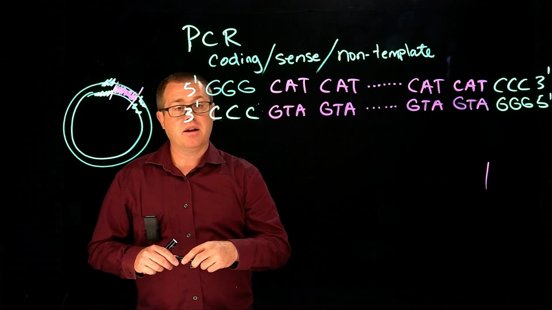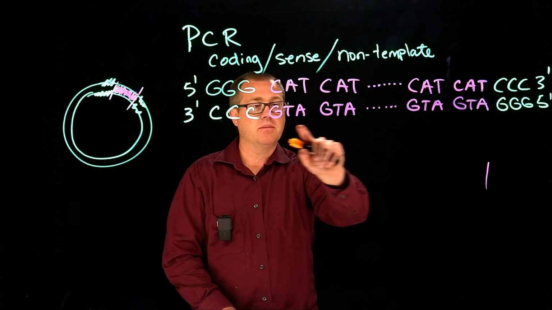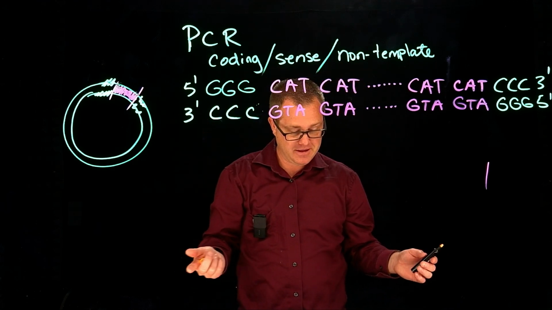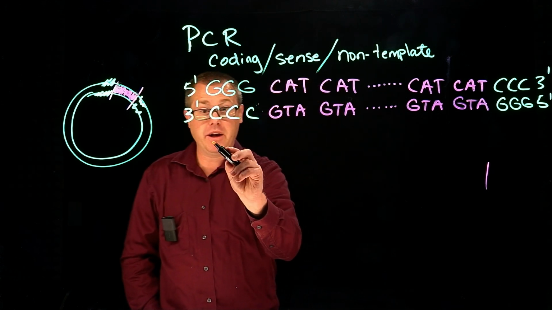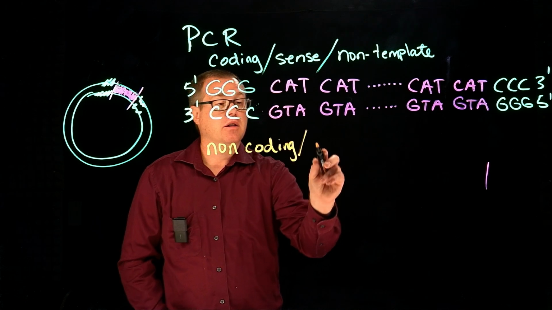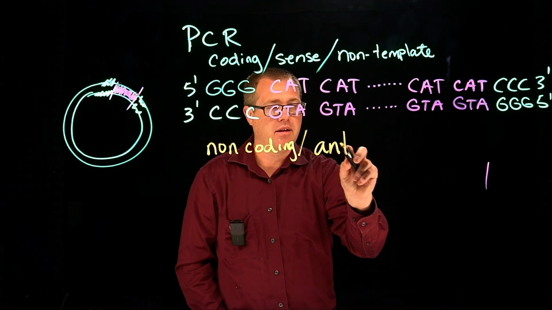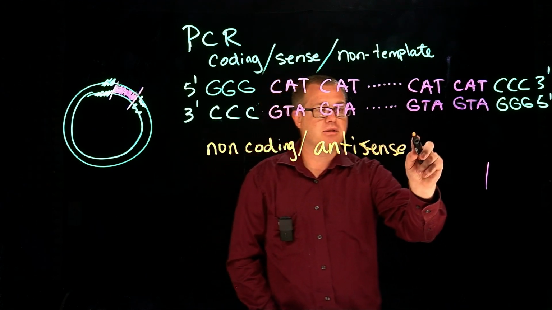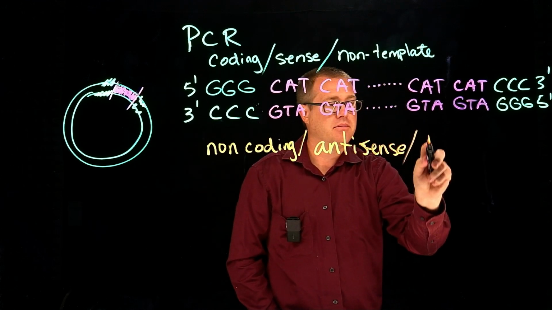And then here on the bottom, this bottom strand right here will be everything opposite of what we've seen on top. So that's going to be the non-coding strand, the antisense strand, and the template strand.